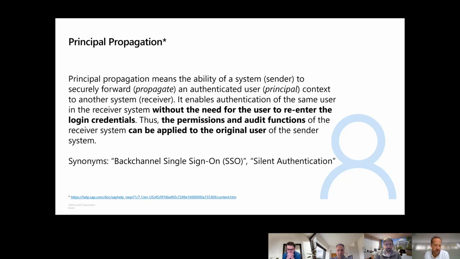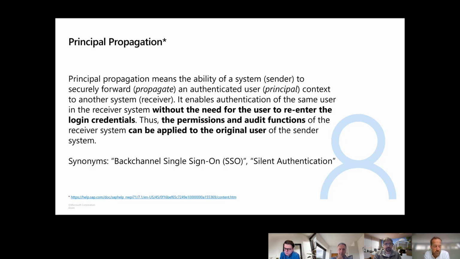Yeah. And the main objective here is that you propagate this authenticated user so that in the receiving system this security context can be reused. So the login of that user applies also to the receiving system where this principal is being propagated.